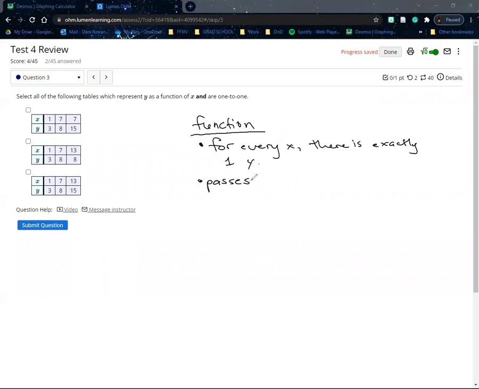What do you think? Come on, guys, I need your help here. Throw out a guess. Vertical or horizontal to be a function? Vertical. Yeah, has to pass the vertical line test.